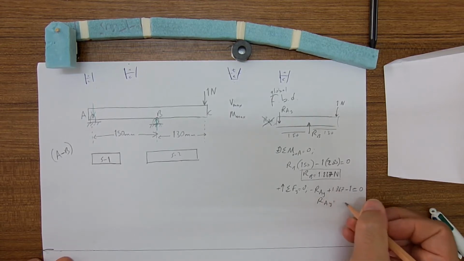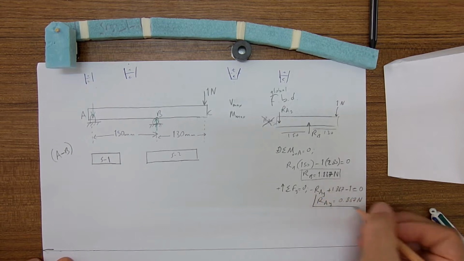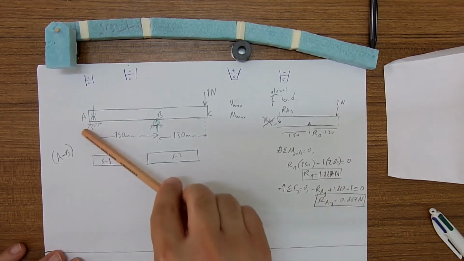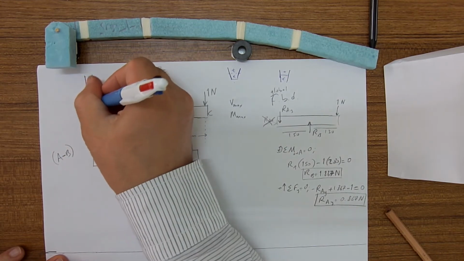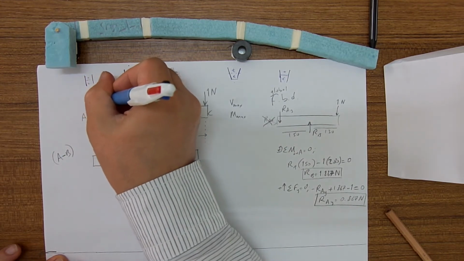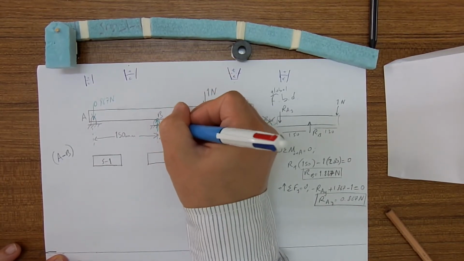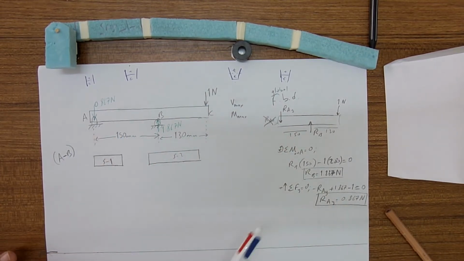RAY is equal to 0.867 Newton. Okay, I put all these back in here. Now I have got all the external loads.